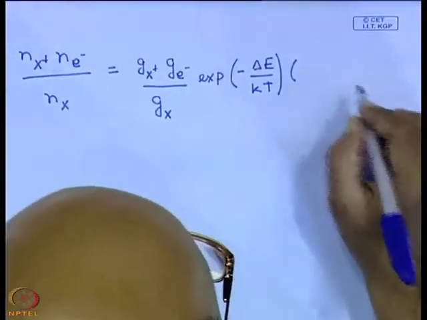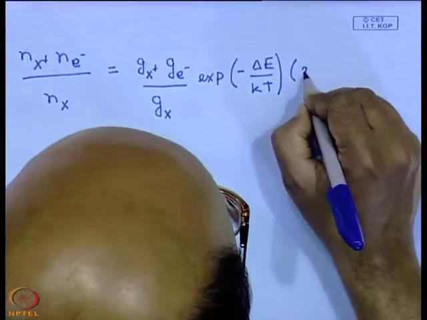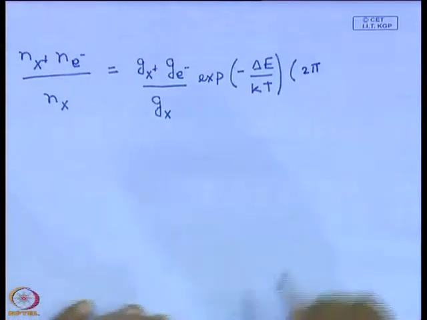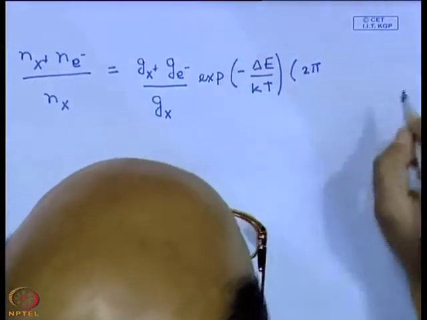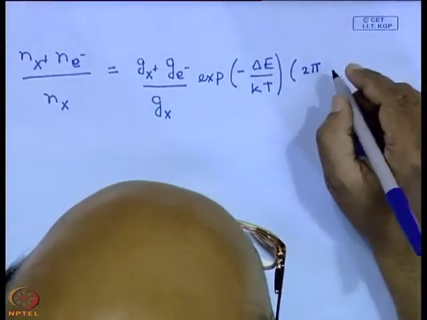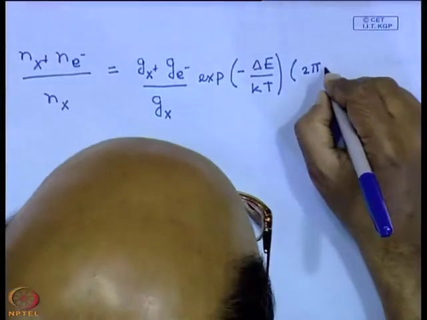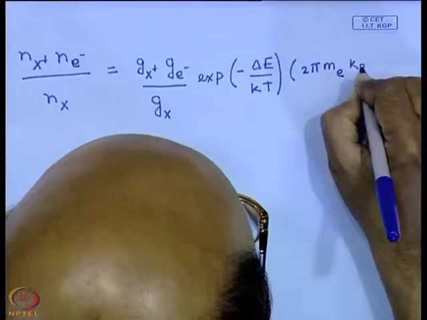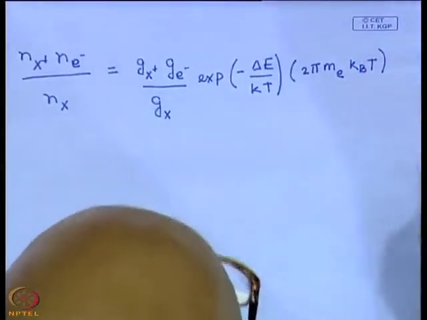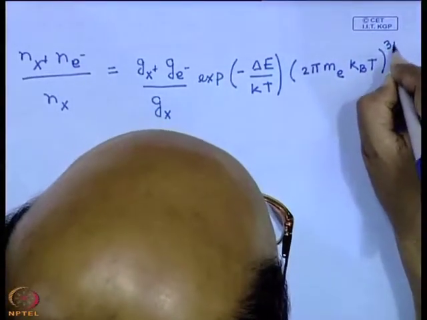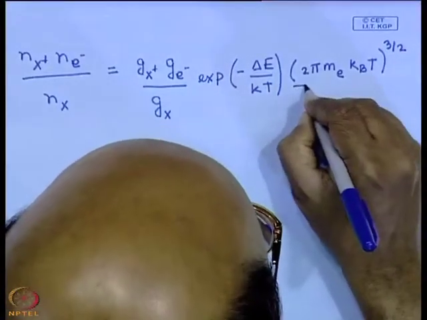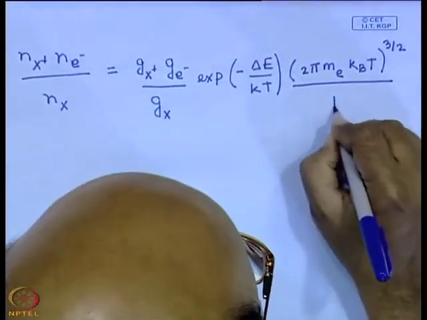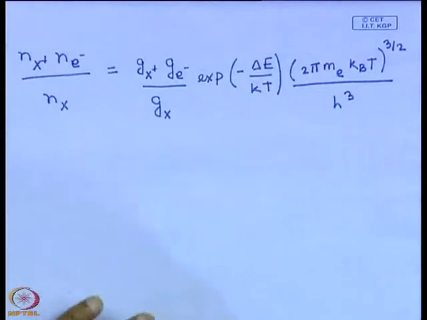So, we have this factor 2 pi into m, mass of the electron, kB T to the power 3 by 2 by h cube. This is the Saha ionization equation.